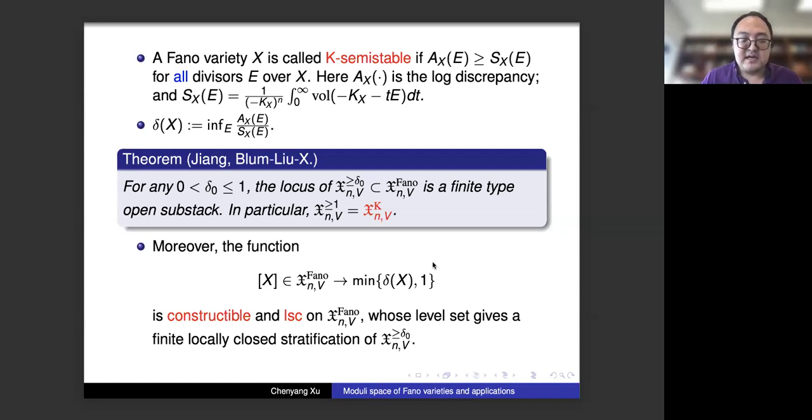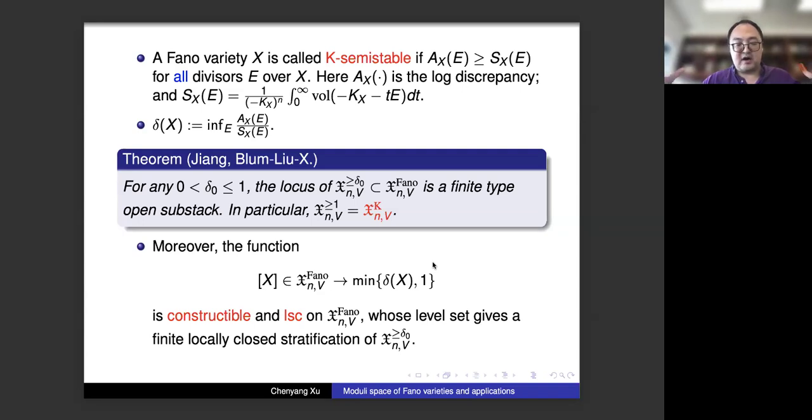But actually, if I take delta X, or I have to modify it, like take the minimum of delta X and 1, then this function is actually constructible and lower semi-continuous. So somehow I really stratify my stack of all Fano varieties.